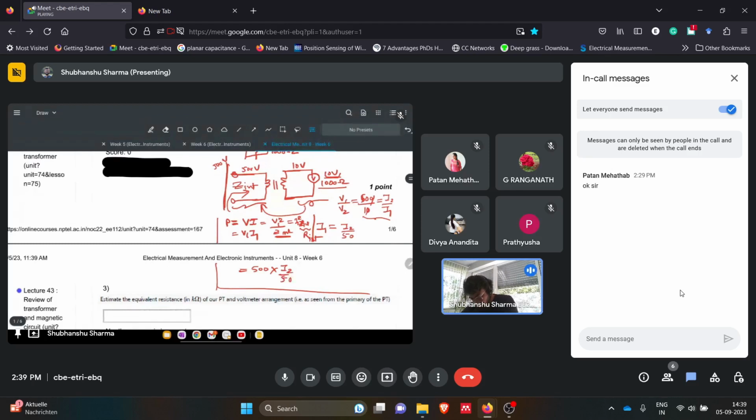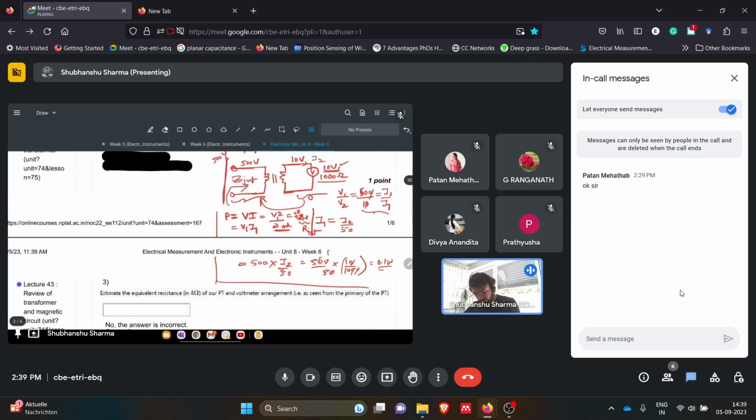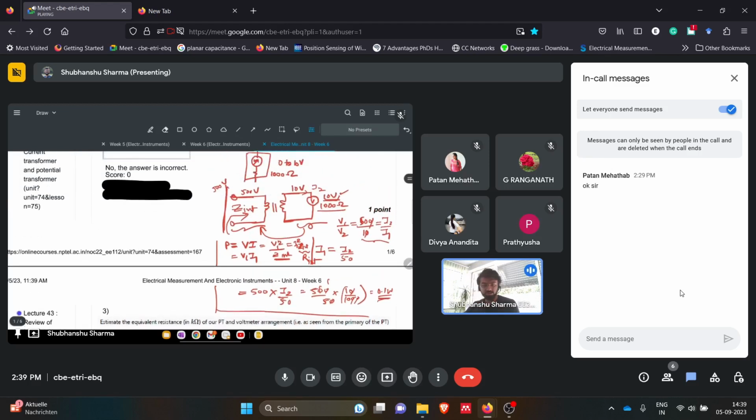And I2 is the current flowing through the secondary side, so it will be 500 by 50 into the 10 volt drop divided by 1000. If we solve, we get 1.1 watt.